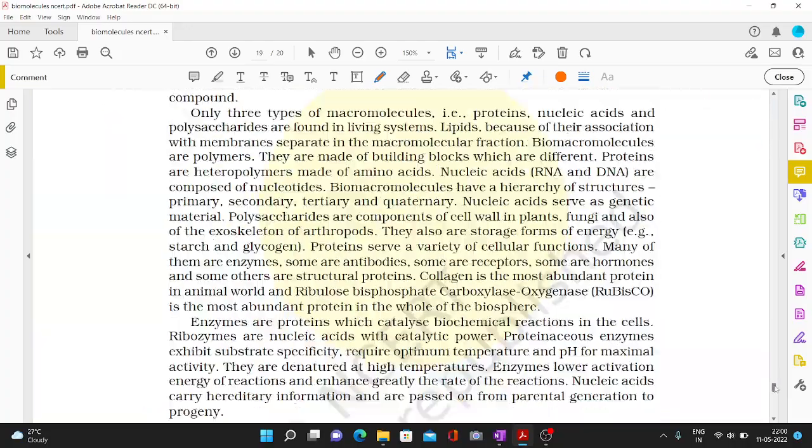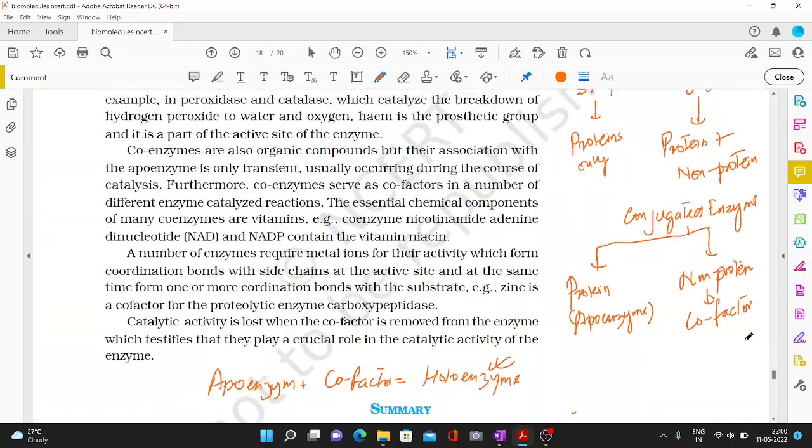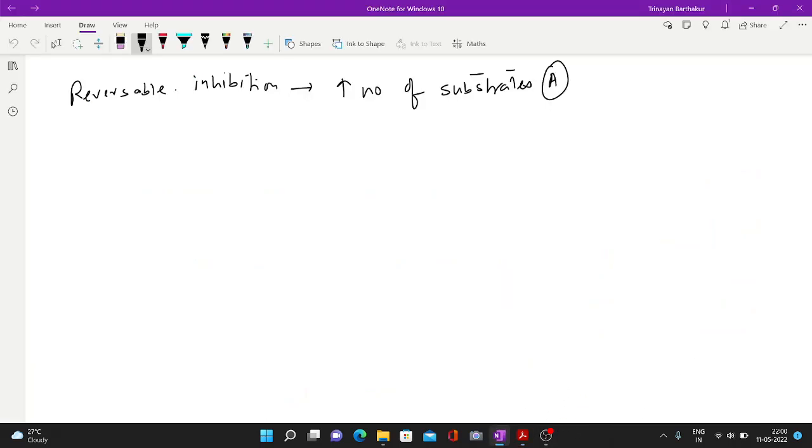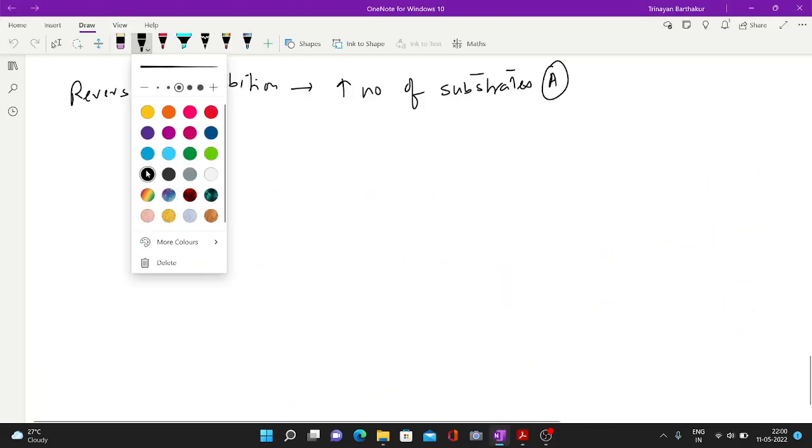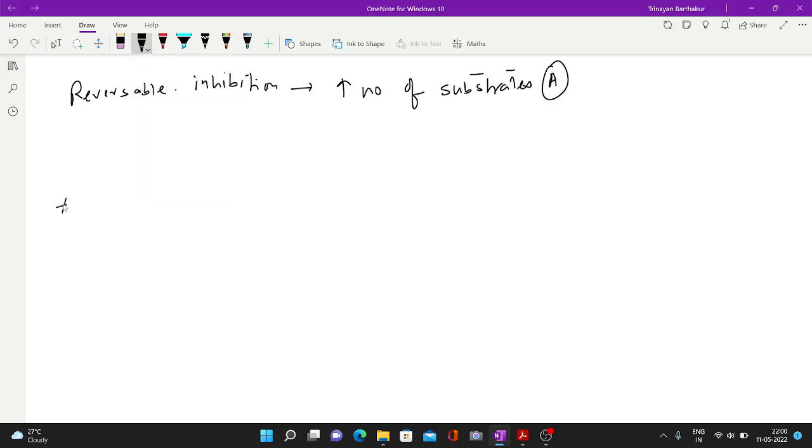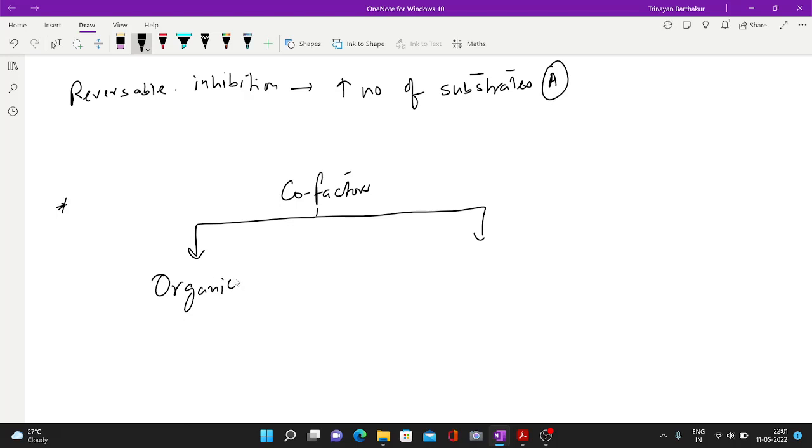Let me elaborate it here. I think you have already seen the basic outline, so let me write again what cofactors are. Cofactors can be of different types. If the cofactor is organic, then there can be two types.